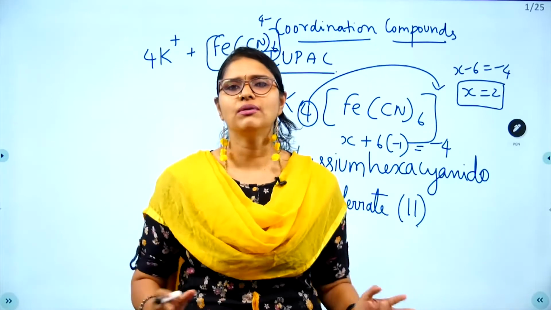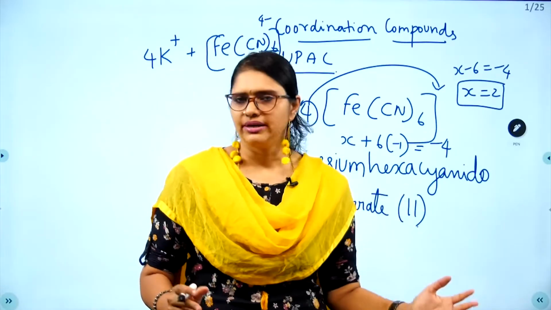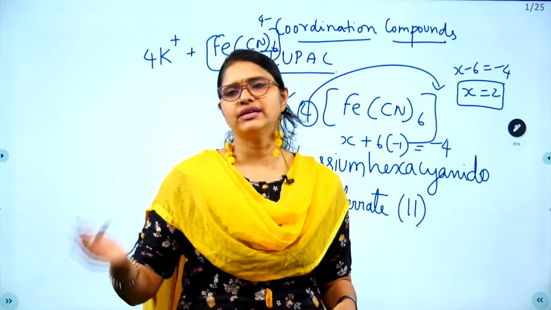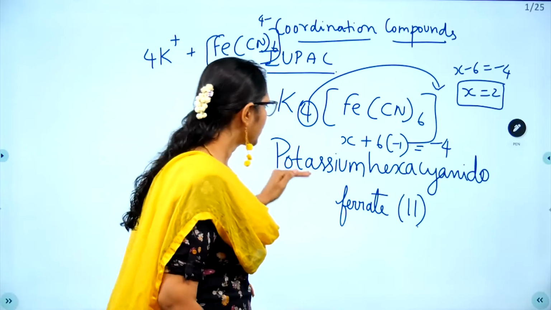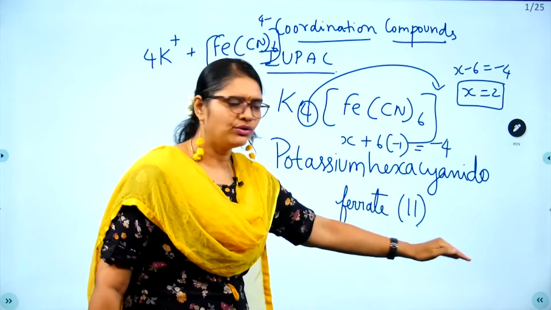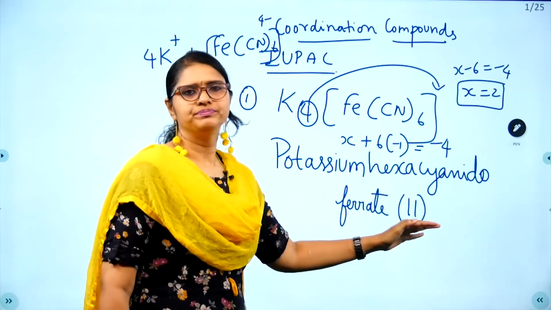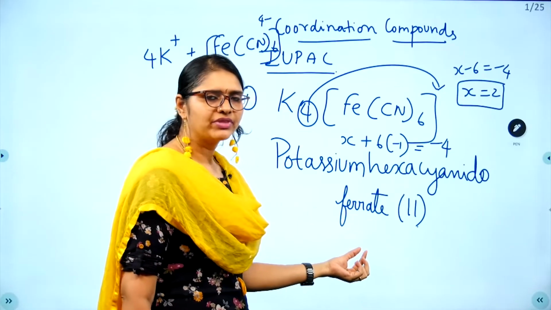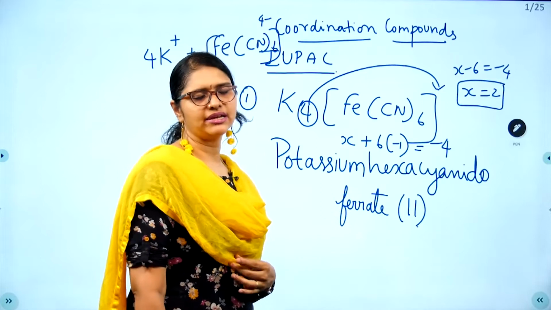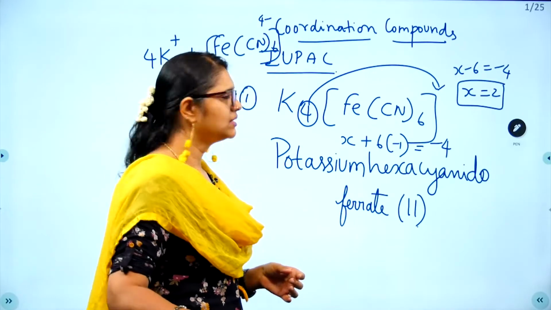In the complex, the left-hand side is the positive ion and the right-hand side is the negative ion. So potassium hexacyanido ferrate 2. Whenever the charge on the complex is negative, we use the Latin name. Now let us go to the next compound.